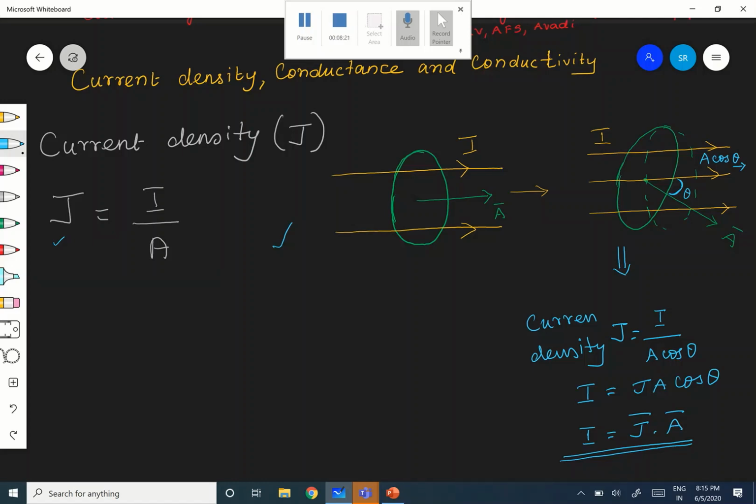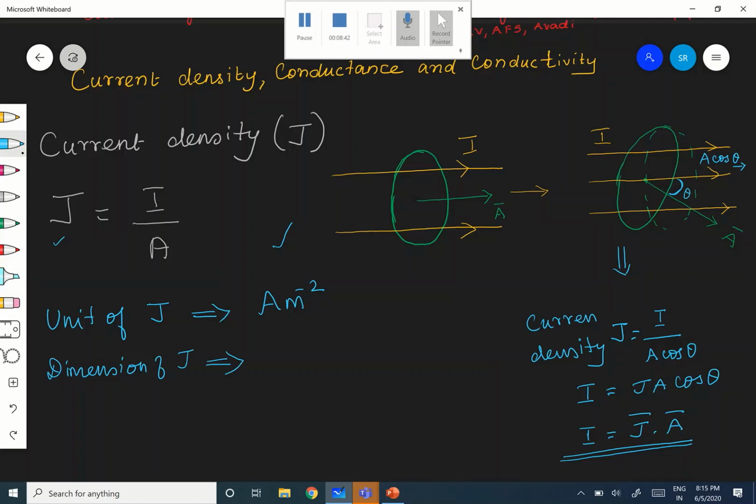Right. What is the unit of J? Unit of J is ampere per meter square. What is the dimension of J?